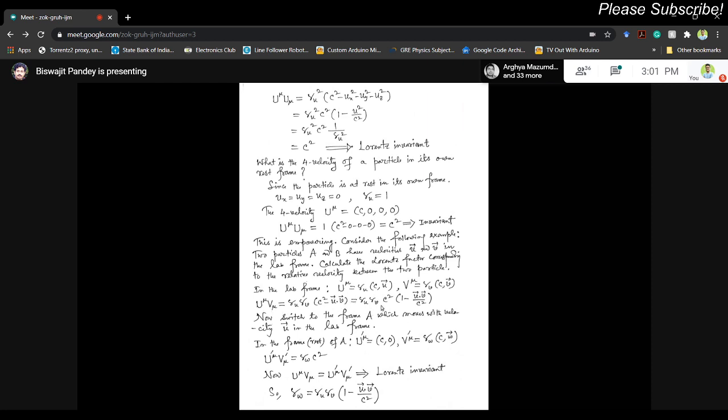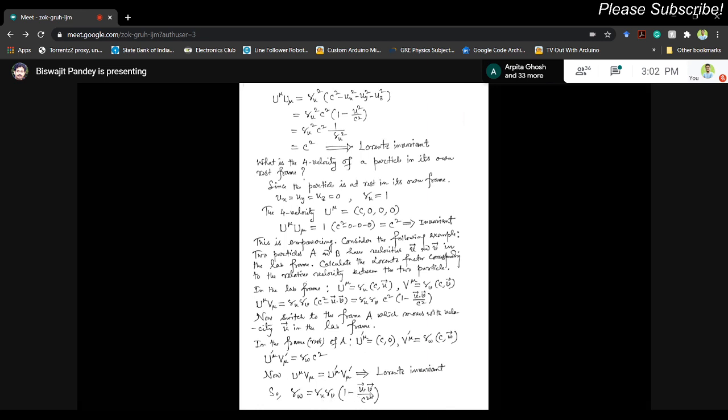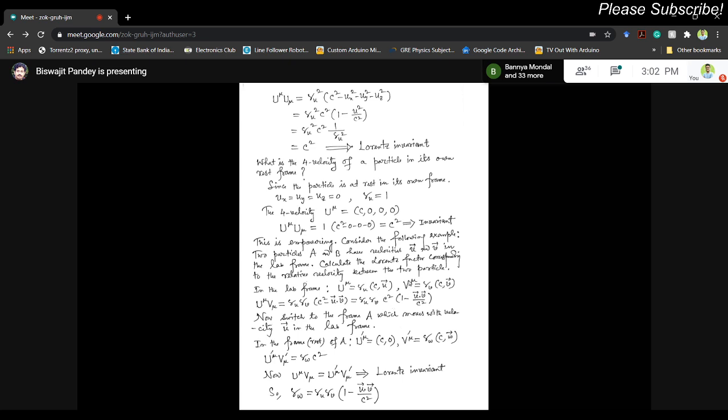And if you equate these two terms, you can clearly see that c square gets cancelled. So gamma w is gamma u, gamma v into 1 minus u dot v by c square. And it is very simple. If you want to arrive at the same result using an algebraic expression of gamma u, gamma v and calculate w, it will be quite cumbersome and lengthy.